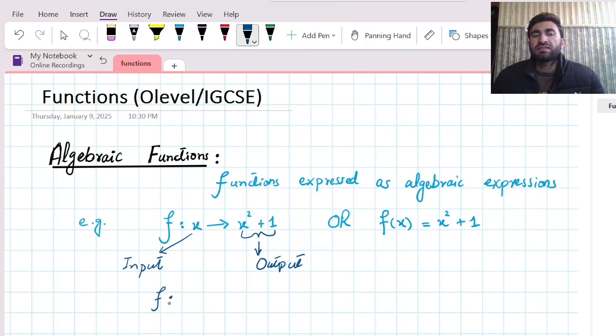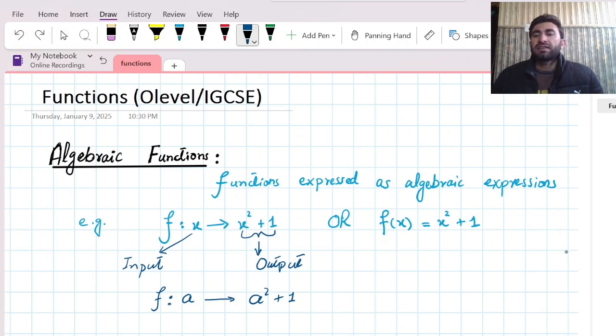Like the function is f and I want to change the input from x to a, so it will become a maps onto a square plus 1. When the input changes, the output of the function will also change. While x was mapped onto x square plus 1, a will map onto a square plus 1.